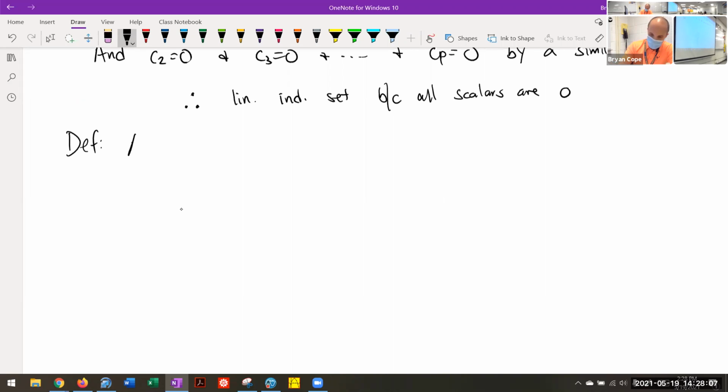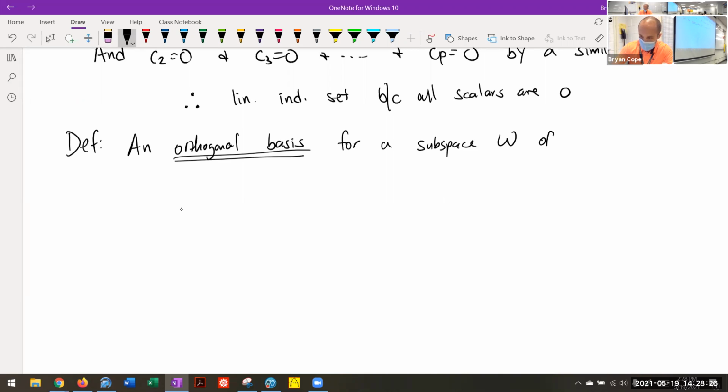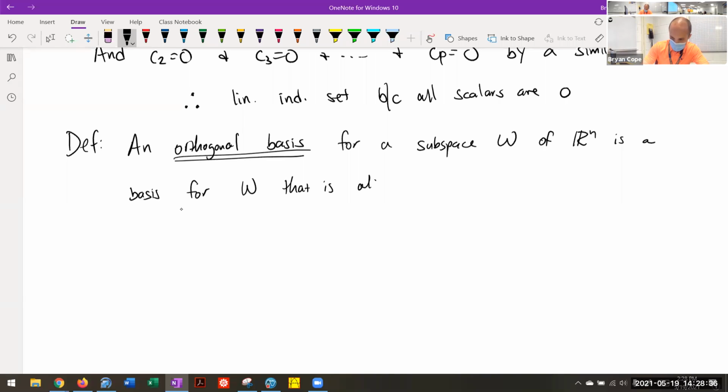A definition. An orthogonal basis. This is a new term we haven't really heard before. We've talked about an orthogonal set. An orthogonal basis for a subspace W of Rn is simply a basis for W that is also orthogonal.